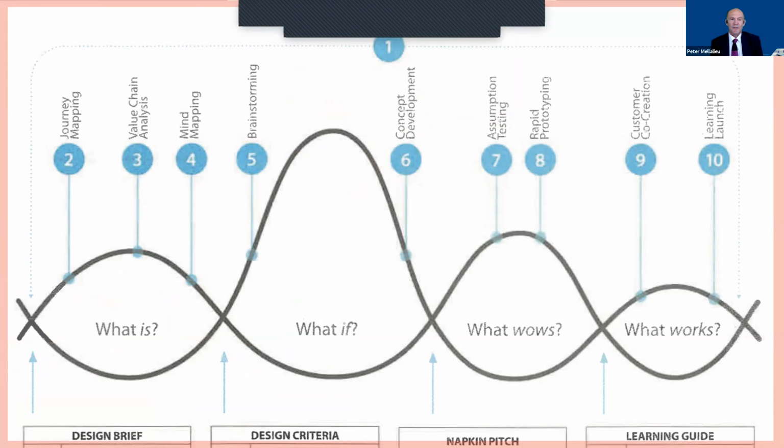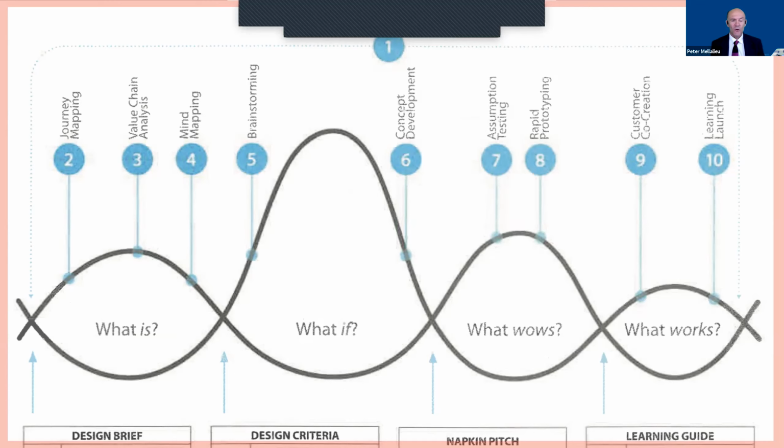If we break down this process, here's another way of thinking about the design thinking process. What's currently going on in a business, in an enterprise? What are the pains that people are suffering, and how can we as a design thinking team understand what those pains are, why they occur?